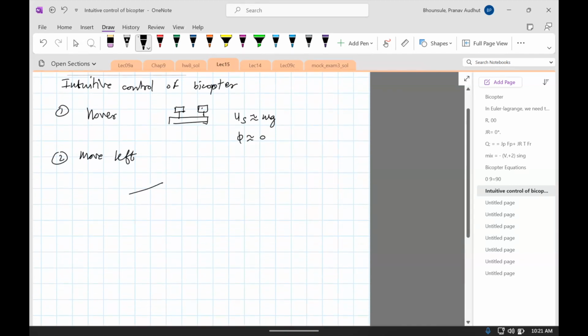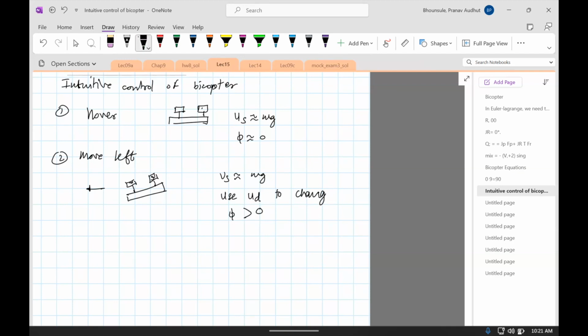like this, you need to keep us close to mg and use ud to change phi to be greater than 0.